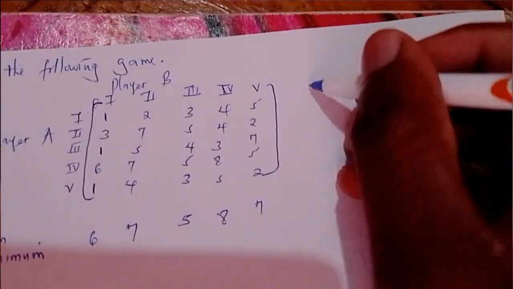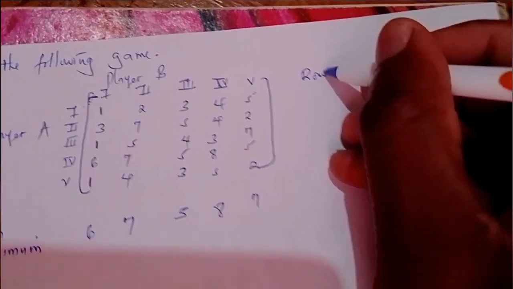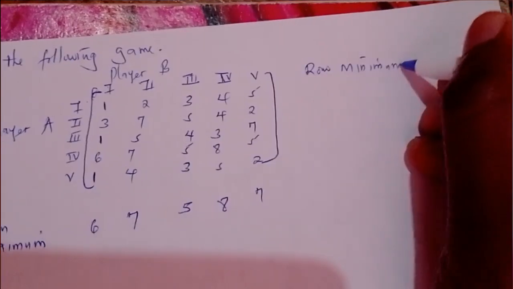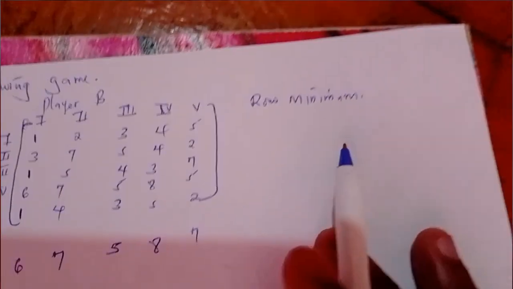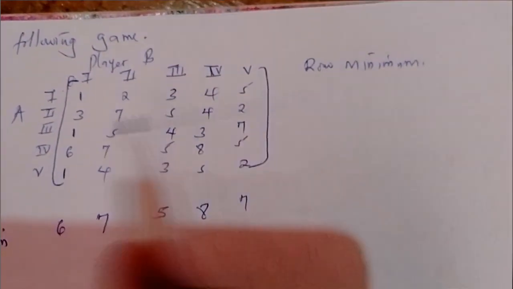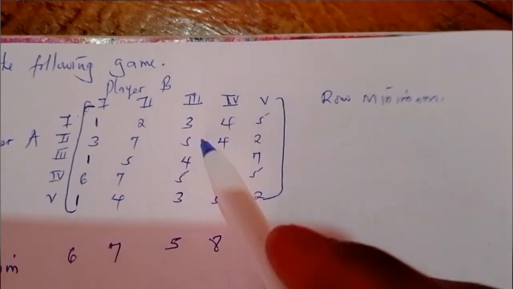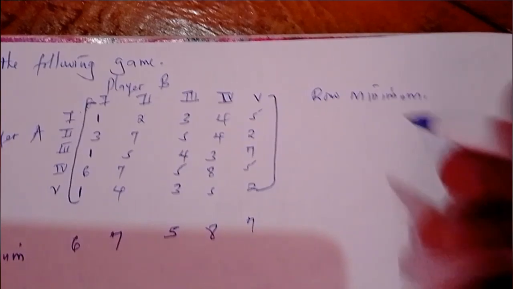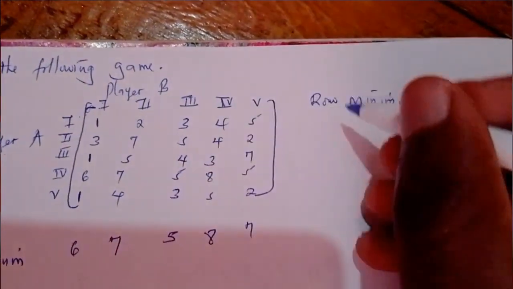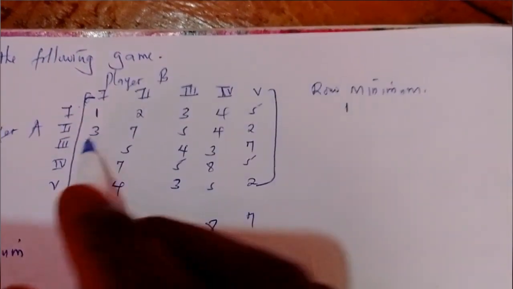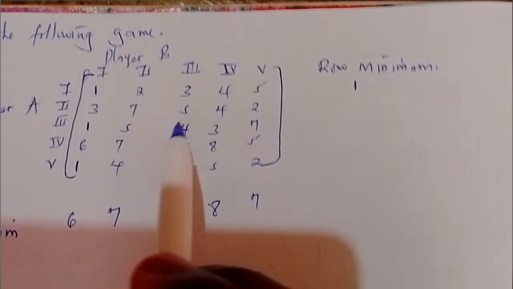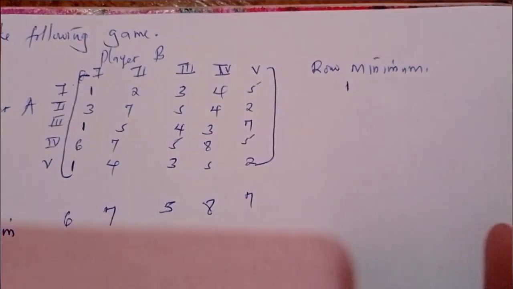Then let's go to the row minimum. We did column maximum, then row minimum. These are the rows. The first row has 1, 2, 3, 4, 5, so the minimum element is 1. Second row, 3, 7, 5, 4, 2.